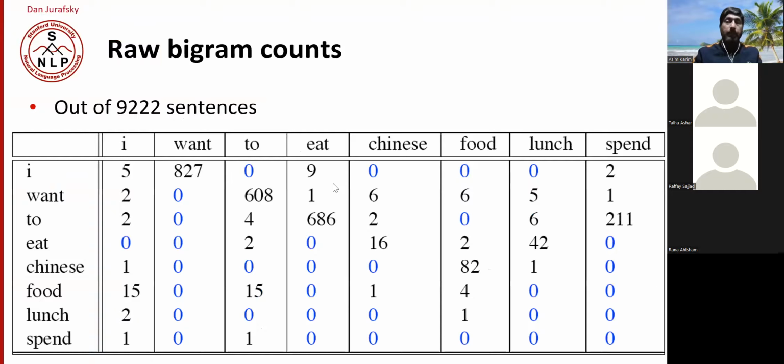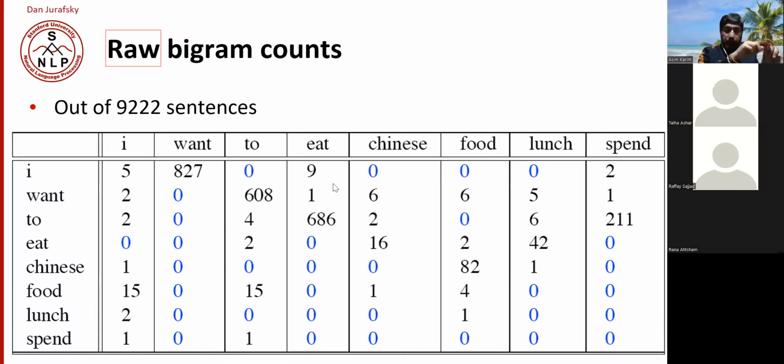So let me go back here. If you look at this matrix, on the vertical axis, let's say you take any word, let's say "eat." And after that, let's say you have "Chinese," so "eat Chinese." The cell there would indicate the number of times that "eat" followed by "Chinese" occurs in the corpus.